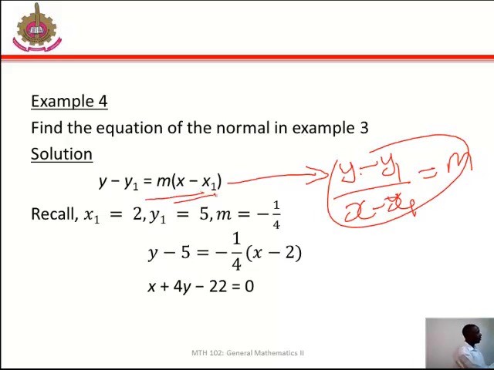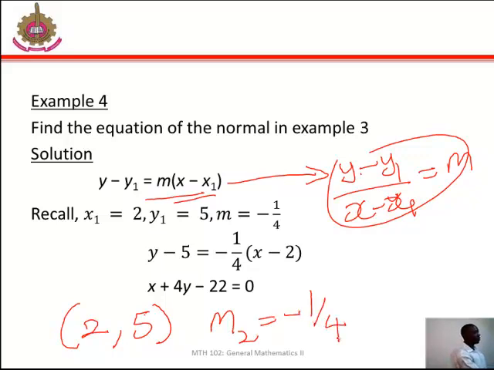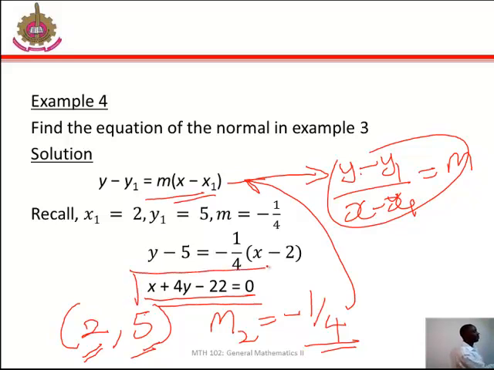And recall that from the question, we have our x to be 2 and our y to be 5. And we have calculated our gradient for the normal, that is m2, to be minus 1 over 4. So if you substitute all these values into this expression, we are going to have our final answer, which is x plus 4y minus 22 equals 0.